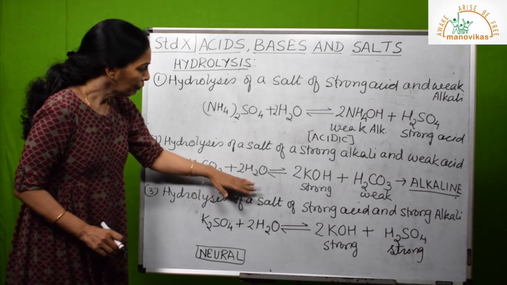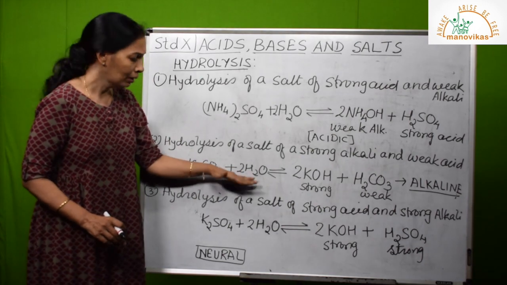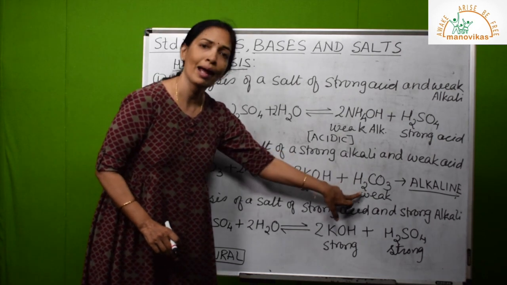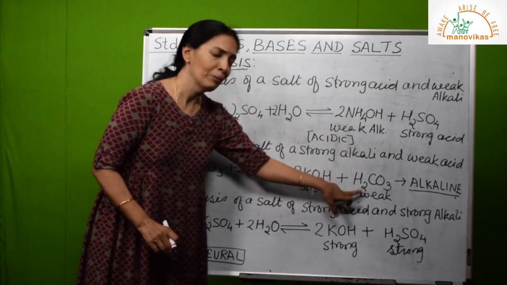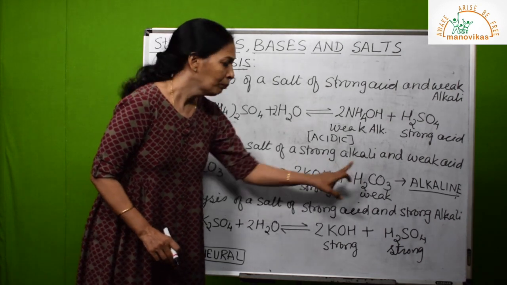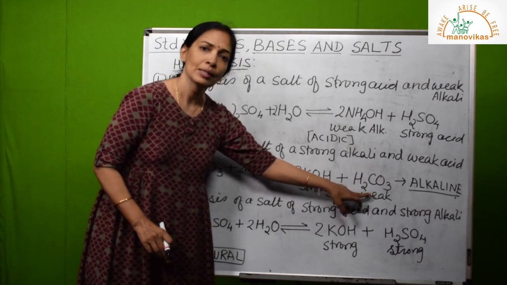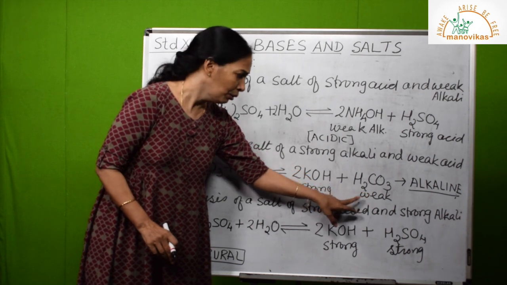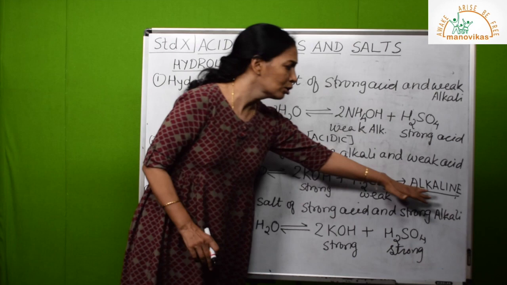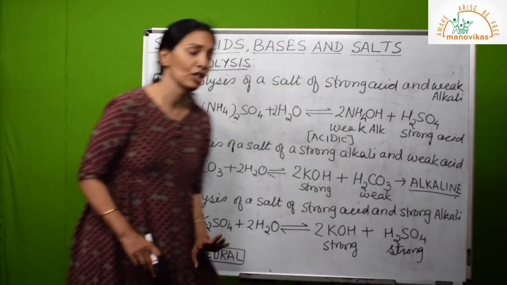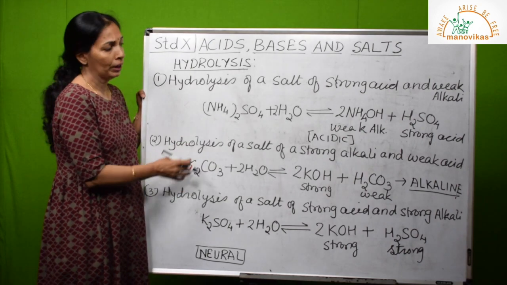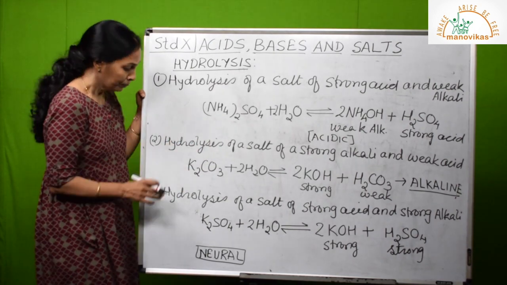If it is dissolved in water, it will combine with water and give back that alkali and acid, the parent alkali and parent acid. KOH is a strong alkali, and H2CO3, we all know, is a weak acid. So the strong alkali will dominate and the resulting solution will be alkaline in nature. So a solution of potassium carbonate or sodium carbonate will be alkaline.